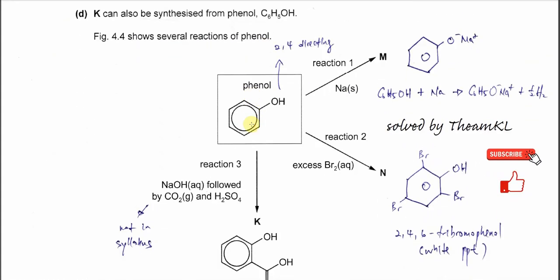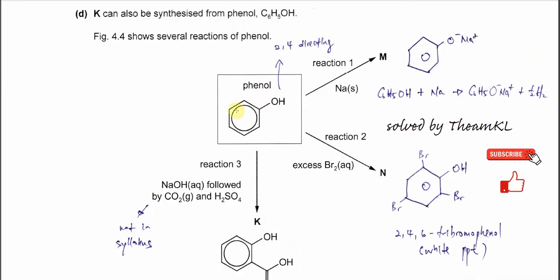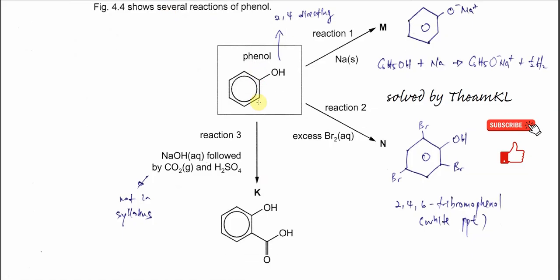Okay, part D, the K also can be synthesized from phenol. So from phenol to form this K. Now, figure 4.4 shows some reactions of phenols. There are 3 reactions, and reactions 1 and 2 are the ones that are asked.